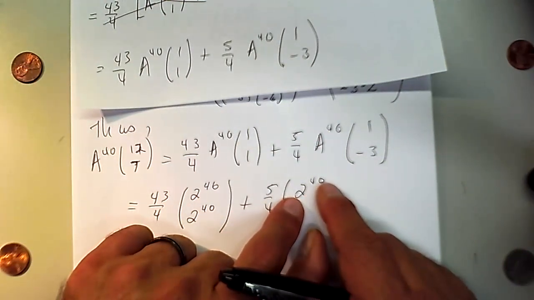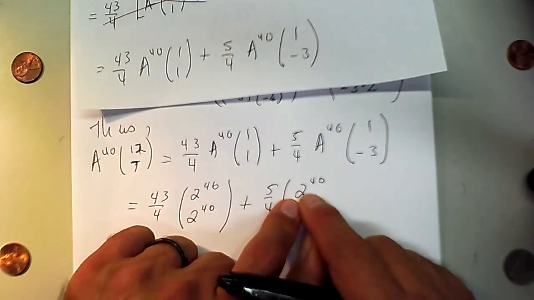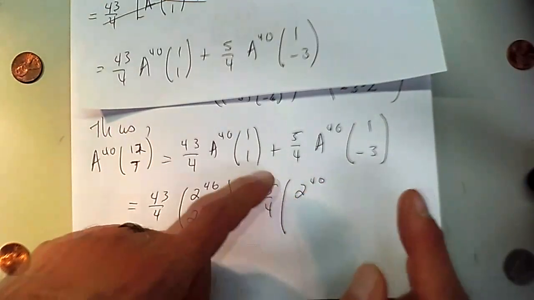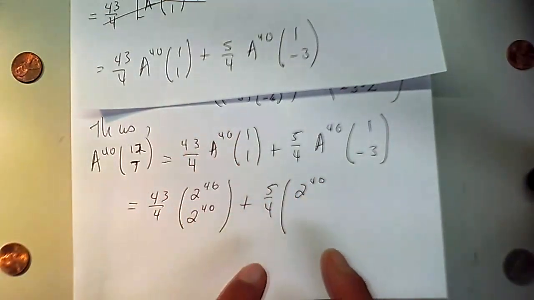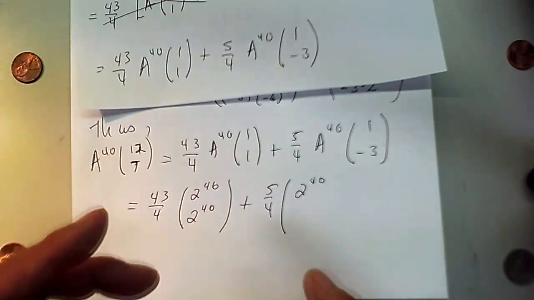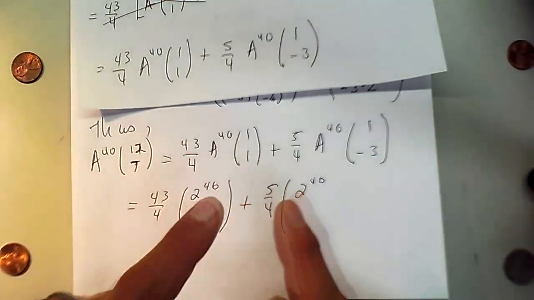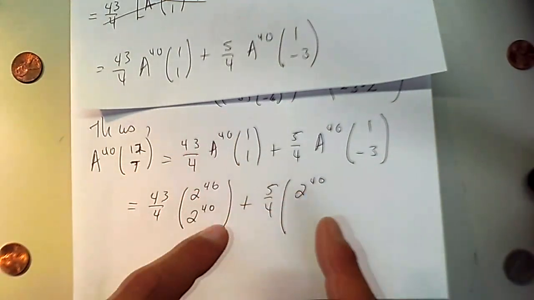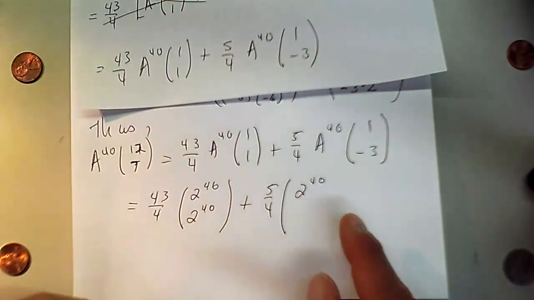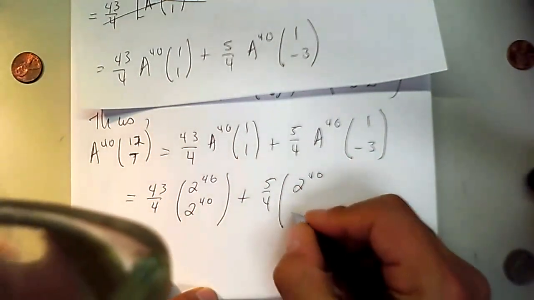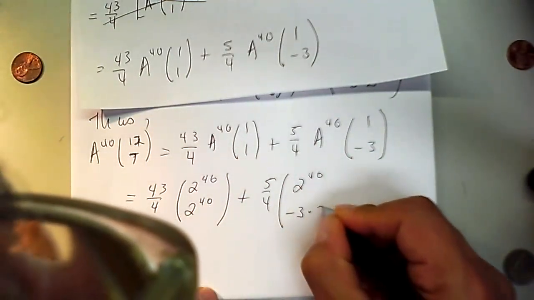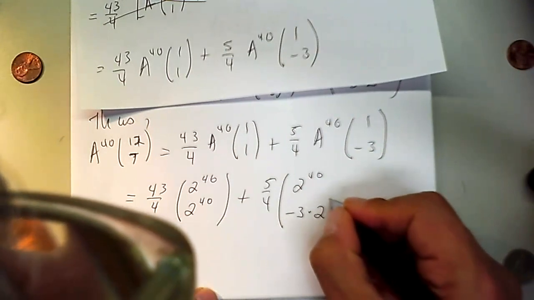If we are raising negative 2 to an even exponent, the negative goes away because we have an even number of negatives, 40 negative ones, essentially. And so every double negative is going to turn into a plus. Here, the negative 3 remains, but then we still multiply it by 2 to the 40.